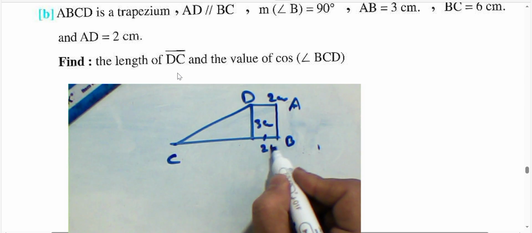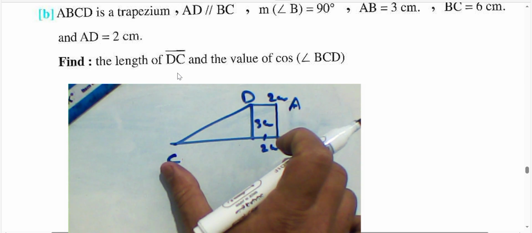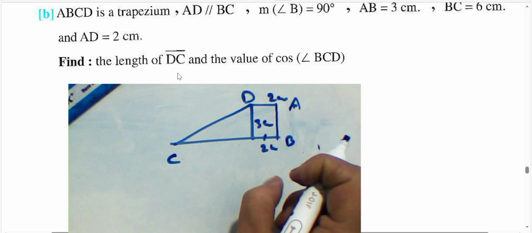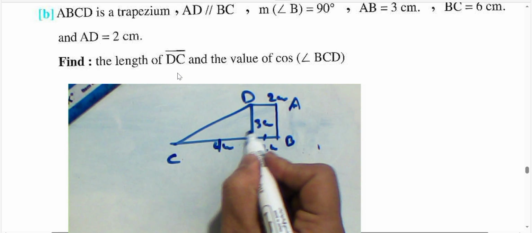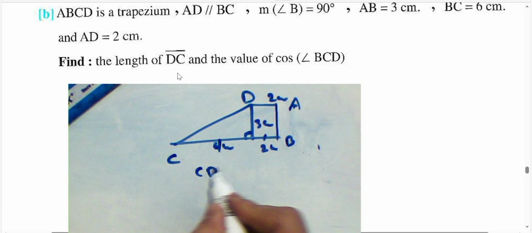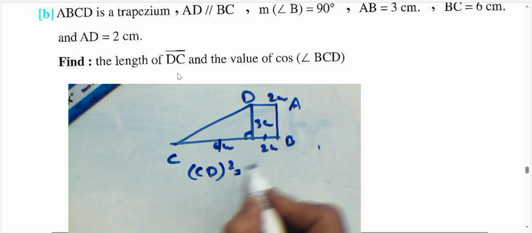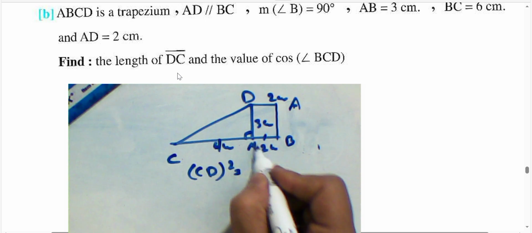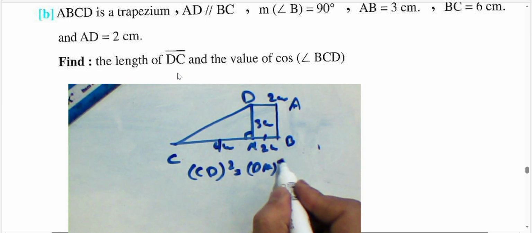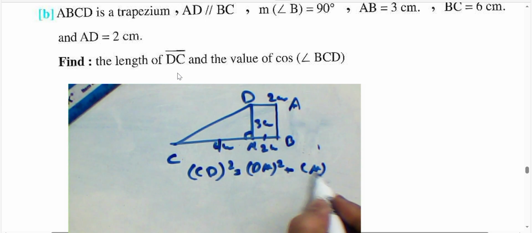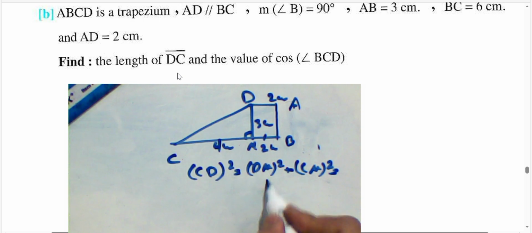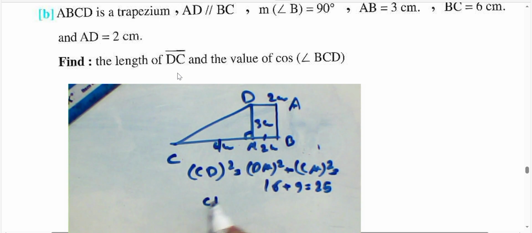This line segment is 2 centimeters. He gave me the length of BC, 6 centimeters. 6 minus 2 equals 4. Then we can find the length of CD from the Pythagoras theorem. CD power 2 equals, put the point M here, DM power 2 plus CM power 2. 4 power 2 is 16 and 3 power 2 is 9. Summation 25, then CD is the square root of 25, equal to 5 centimeters.